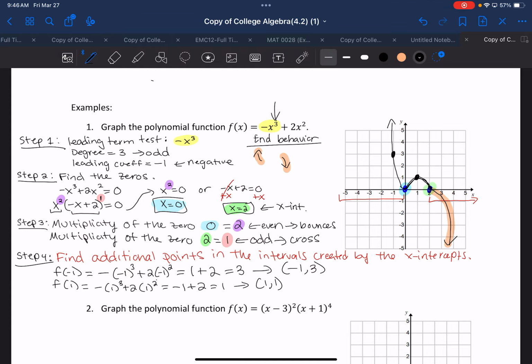And then finally, I'm going to plug in 3 because that is a number on the interval all the way to the right after that x-intercept. And that will give me negative 3 cubed plus 2 times 3 squared. 3 cubed is 27, and so that would be negative 27 because of the negative on the outside. 3 squared is 9, and 9 times 2 is 18.